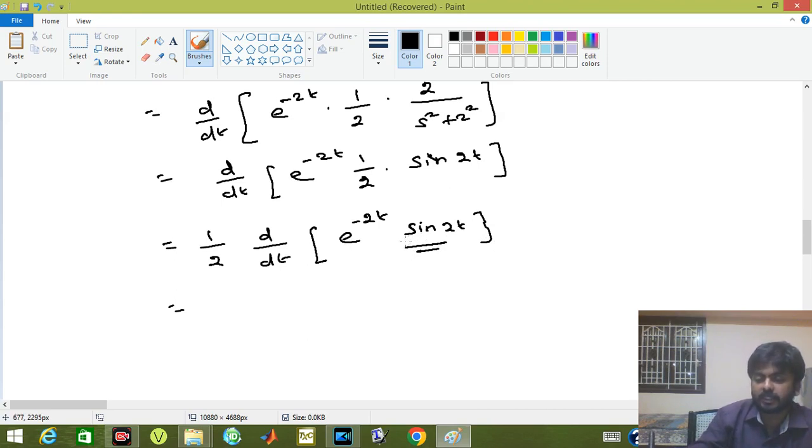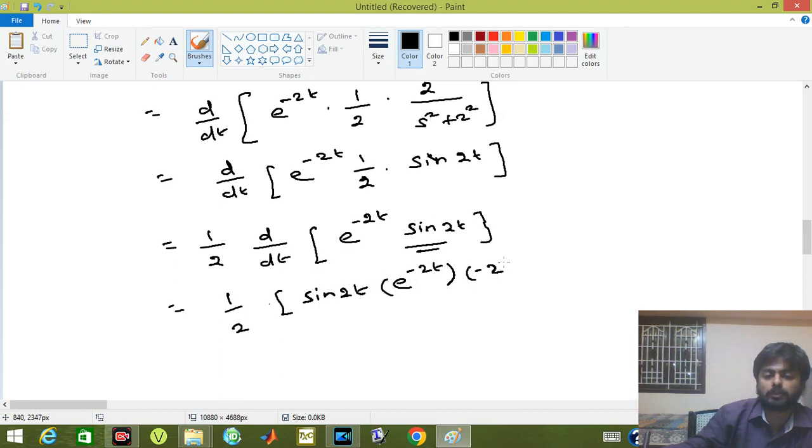If it is integration, you have to prefer the trigonometric term as u rather than the exponential term. So I am taking 1 by 2 into, what is u, sine 2t, so sine 2t into e power minus 2t into minus 2.